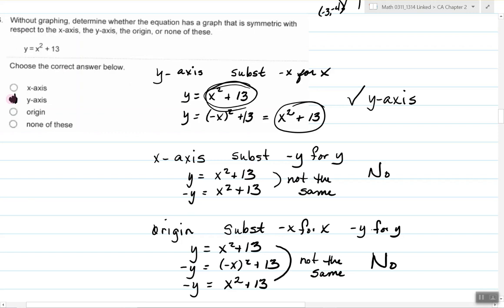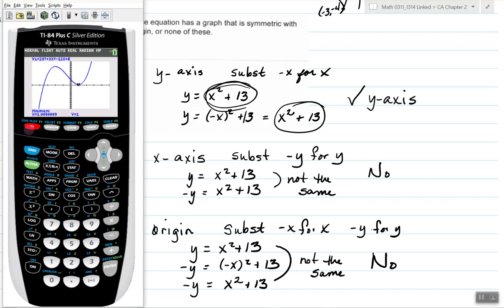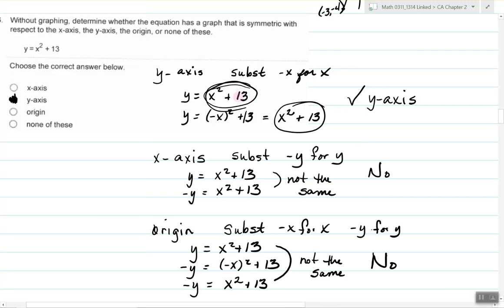Let's take a minute. They said don't do it graphically, but I think it's a good idea to look at it. Go to the y equals, clear, type it in as x to the second power plus 13. I'm going to do a zoom 6. I don't see anything, so I will just go to Window, and I think if I had looked at this, I would remember that it's added a 13.